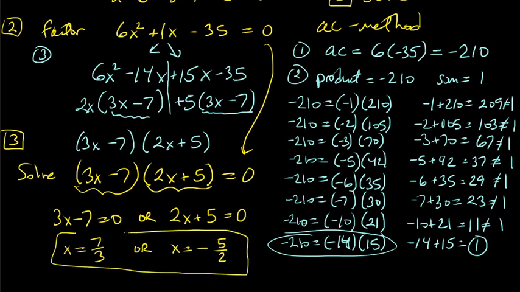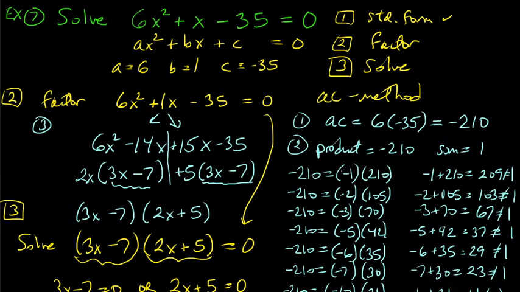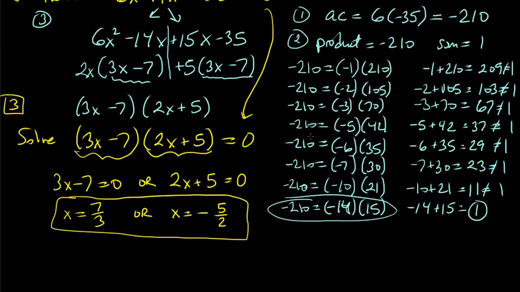Okay, so they're not nice numbers in the sense that they're not integers, whole numbers. But we've seen this before. You can get fractions as your solutions. And that's what happens here. Okay, last thing to do, of course, is check. And I'm going to leave that to you, except you probably want to use your calculator at this point.